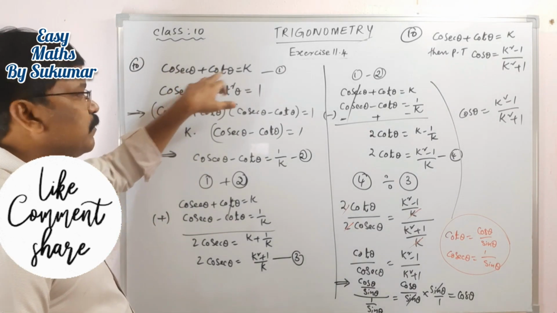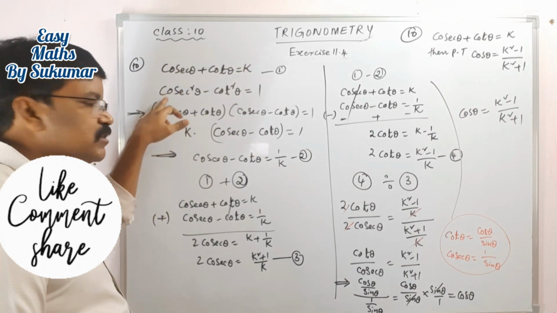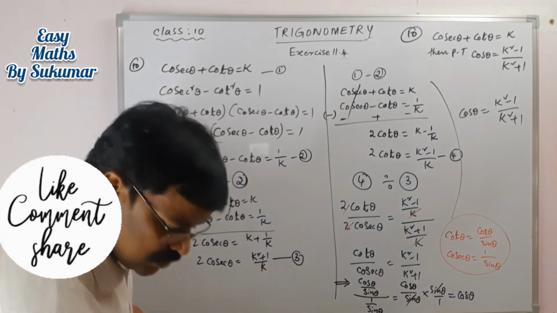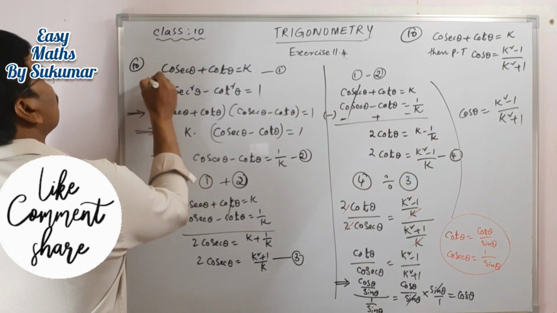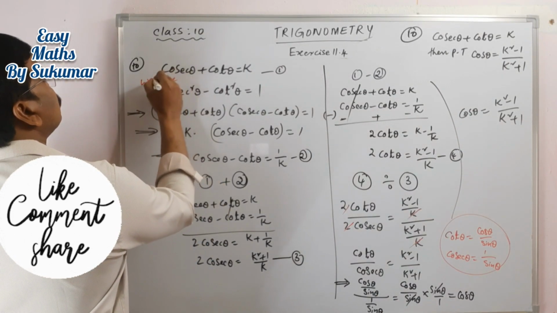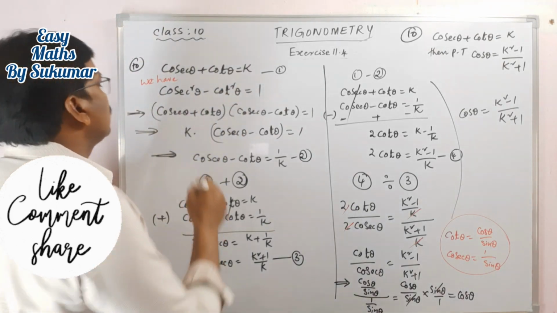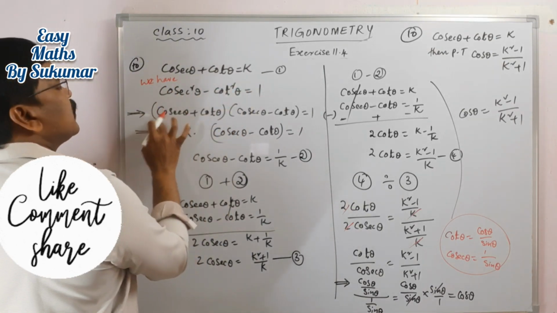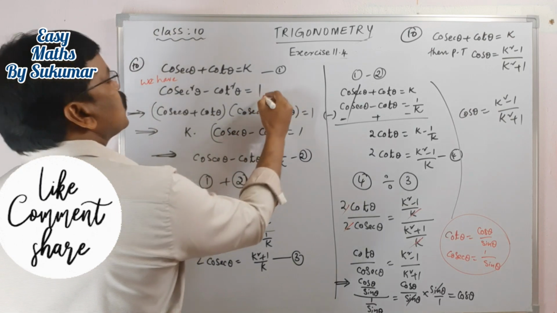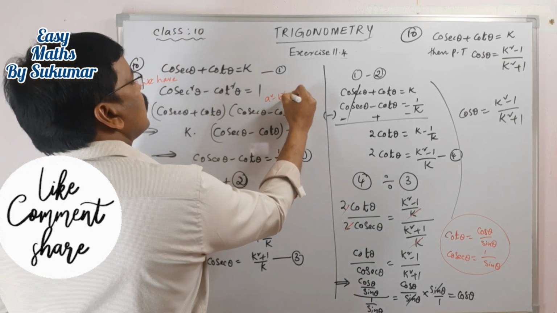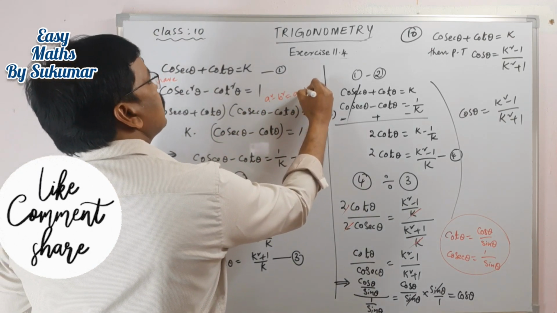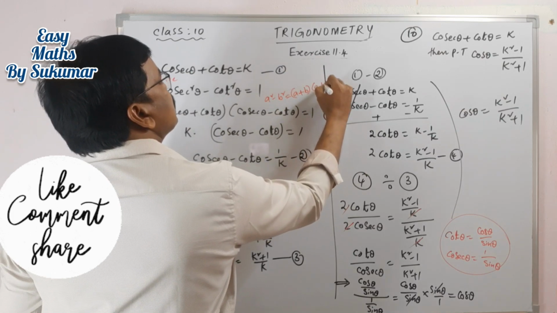Cosecant theta plus cot theta is k. We have an identity. What is that identity? We know that cosecant square theta minus cot square theta is equal to 1. How do we get here? A square minus b square means a plus b times a minus b.